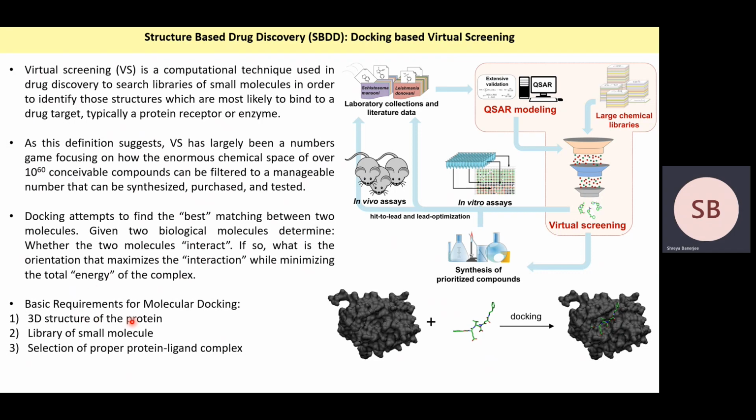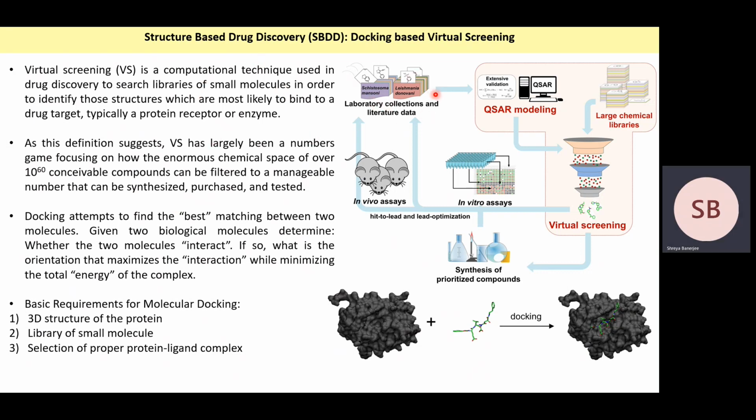There are certain basic requirements for molecular docking. Firstly, the 3D structure of the protein must be known. The library of small molecules as possible ligands must be known, and the proper protein ligand complex must be selected. So, in short, we'll go through this slide again.